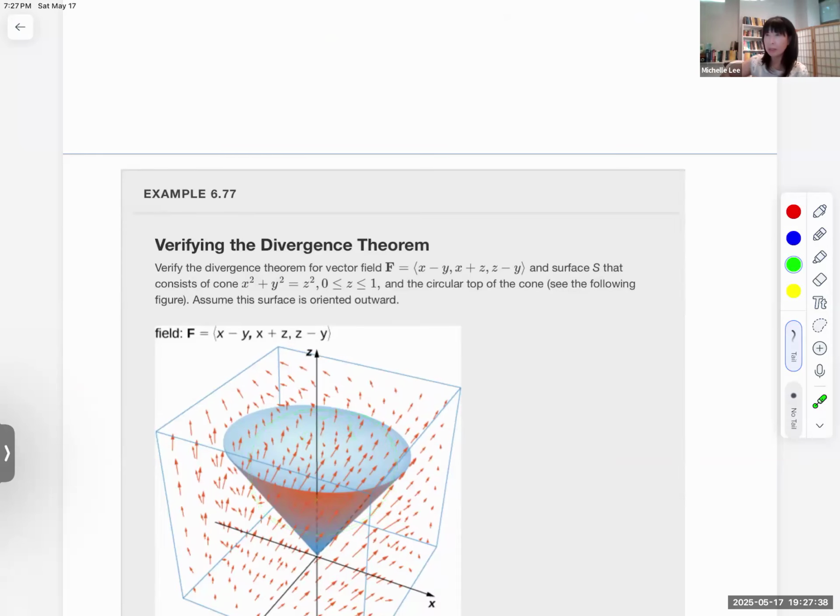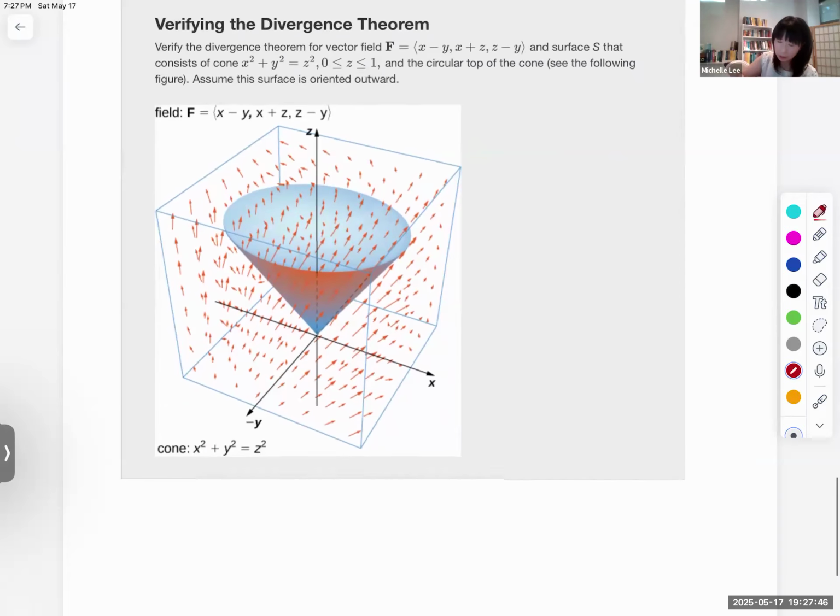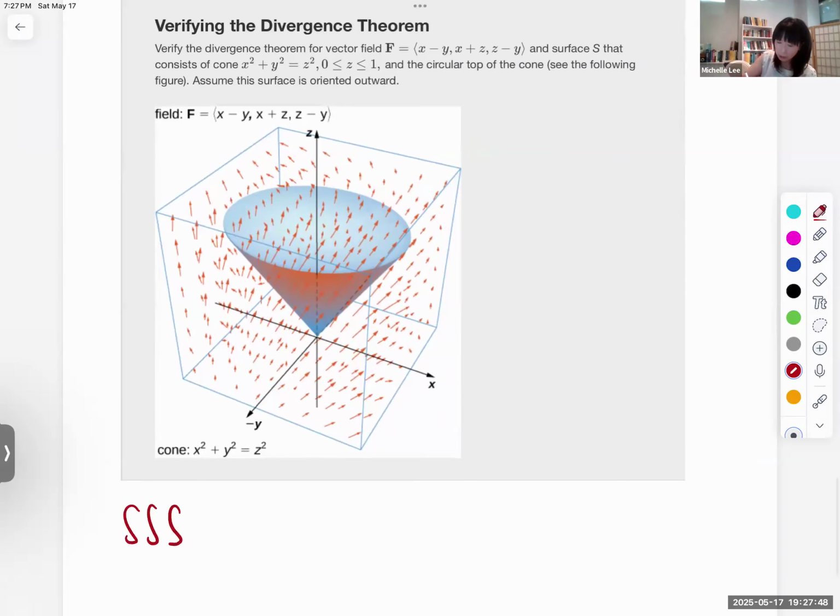Let me write down the triple integral over the region E of the divergence of the vector field dV.